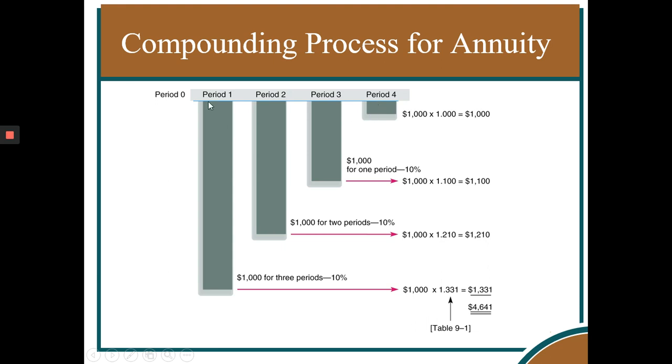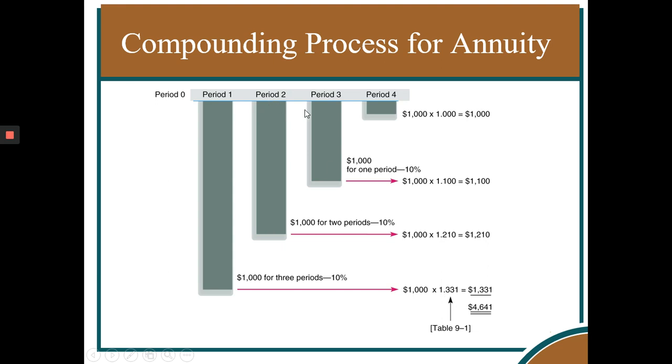So you invest in year 1 and you leave it until year 4, so you have 3 years for compounding. So 1,000 with n equals 3 and i equals 10%, you'll be getting 1.331.